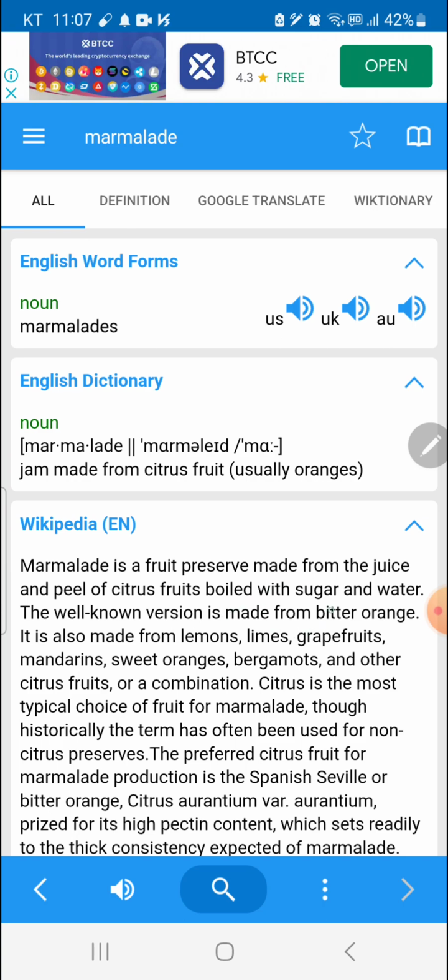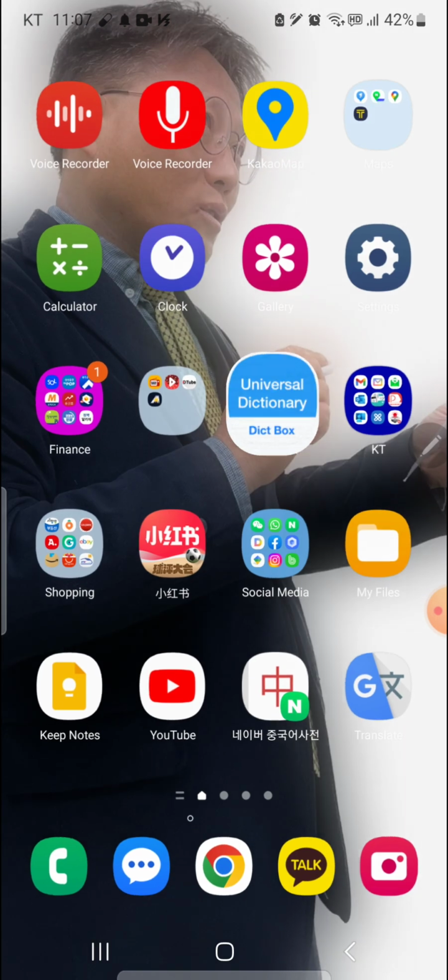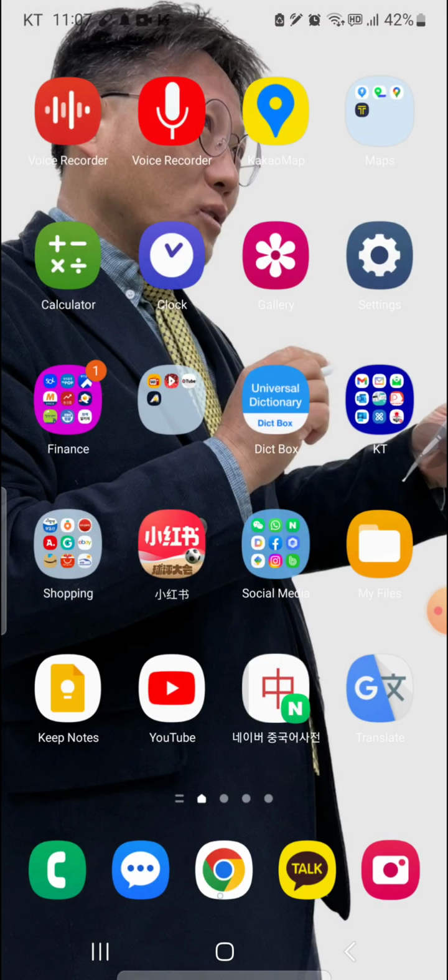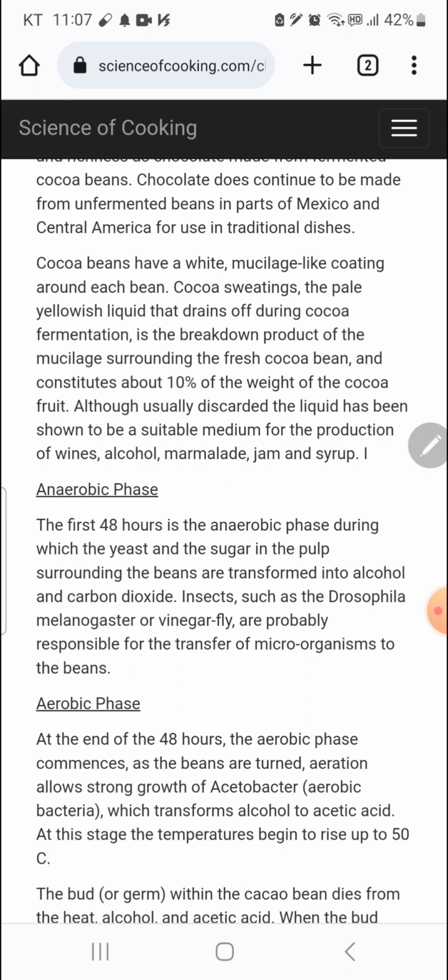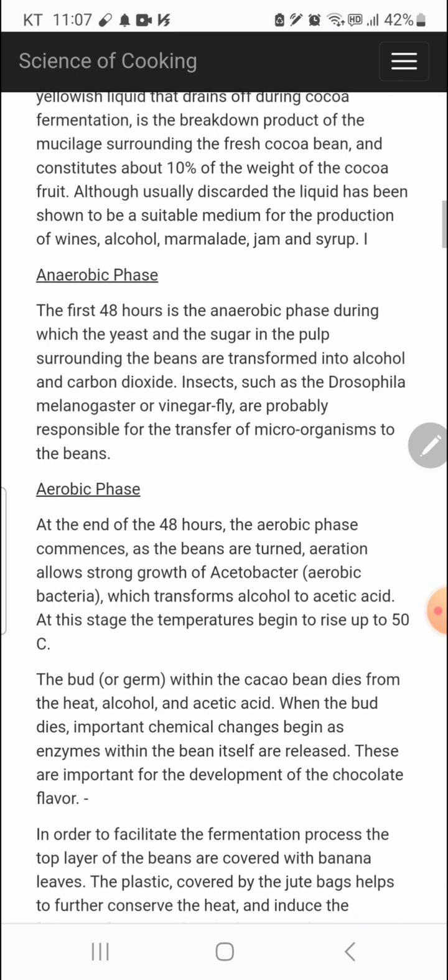It is also made from lemons, limes, grapefruits, mandarins, tangerines, sweet oranges, bergamots, and other citrus fruits, or a combination. So, marmalade. Wines. Suitable medium for the production of wines, alcohol, marmalade, jam, and syrup.